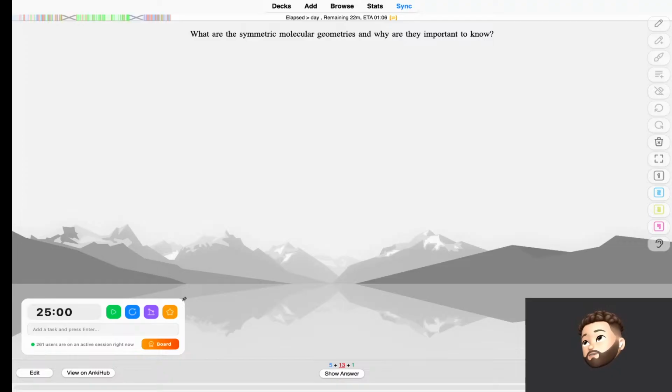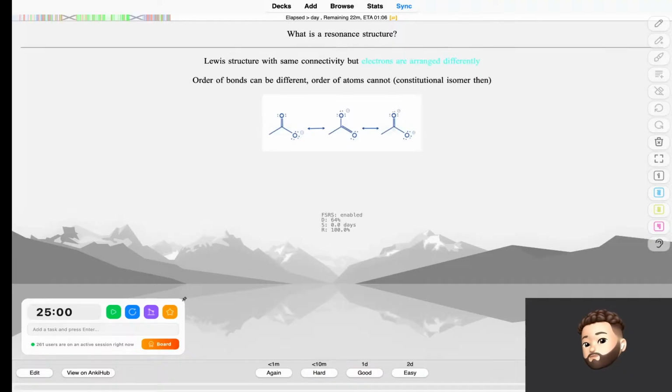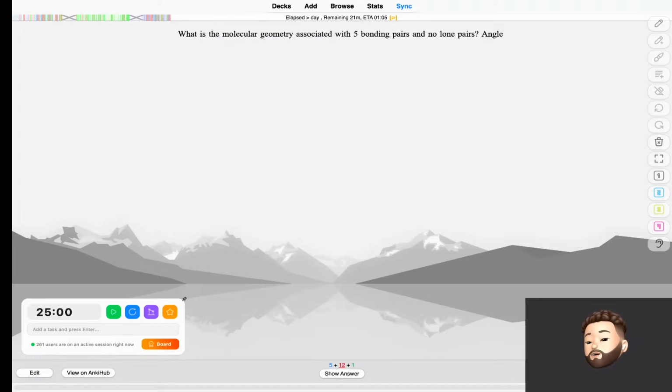It's going to be linear, trigonal planar, tetrahedral, trigonal bipyramidal, and octahedral. A resonance structure is a Lewis structure with the same connectivity but different electron arrangements. Trigonal bipyramidal is going to be 90, 120, and 180.